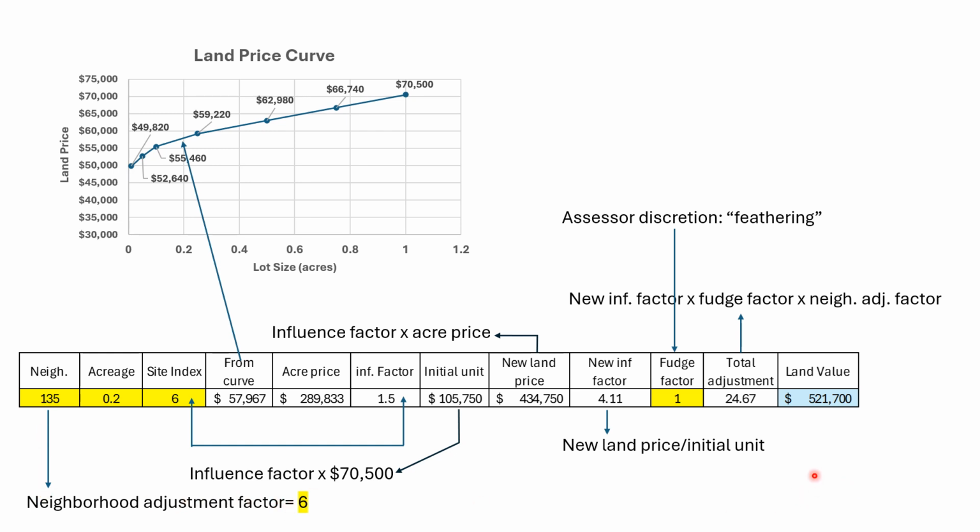So when you multiply all those numbers, you get 24.67 as the total adjustment. And then the land value is just take that total adjustment times the initial unit times the acreage, and lo and behold, that is your land value, and that's with no adjustment by the assessor. This is just what the computer spits out in the software.